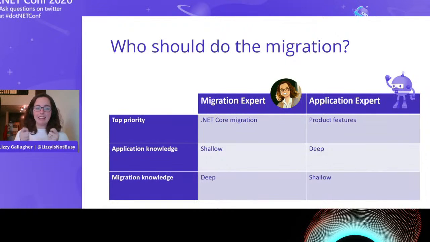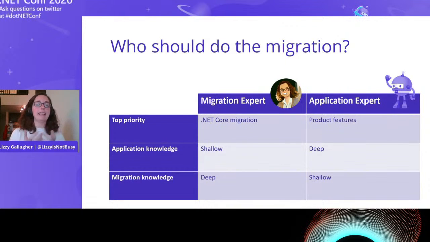If you're watching this talk and you're planning a .NET Core migration or .NET 5 migration for your own company, and you're looking for a key takeaway from this talk, this is it. Making the migration a partnership between those that own the code and those with the know-how from research about the .NET Core migration was one of the keys that made all of this possible, that sort of split ownership.